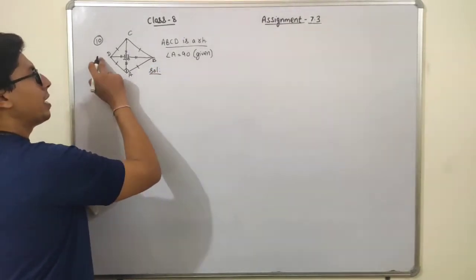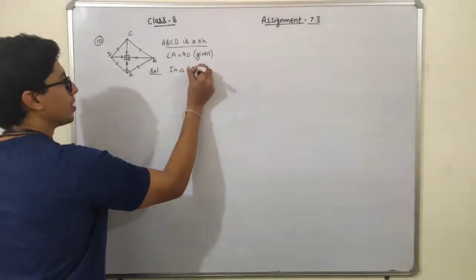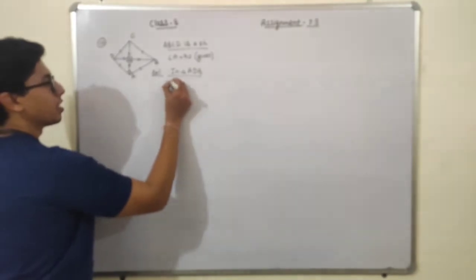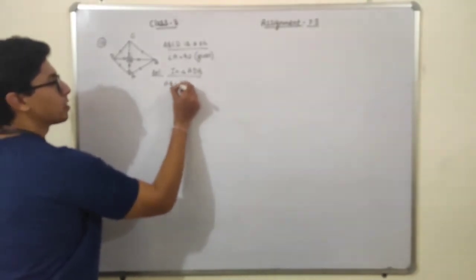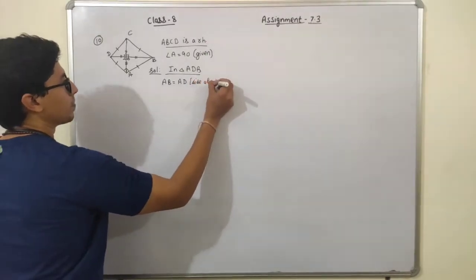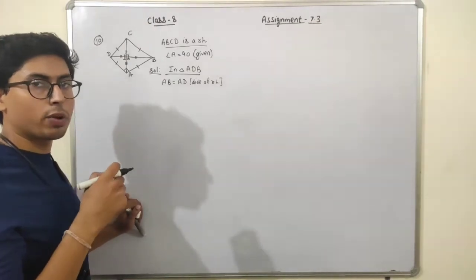Okay students. So solution. In triangle ADB, see, AB is equal to AD, sides of a rhombus are equal. Now students, angles opposite to equal sides are equal. We know this property.